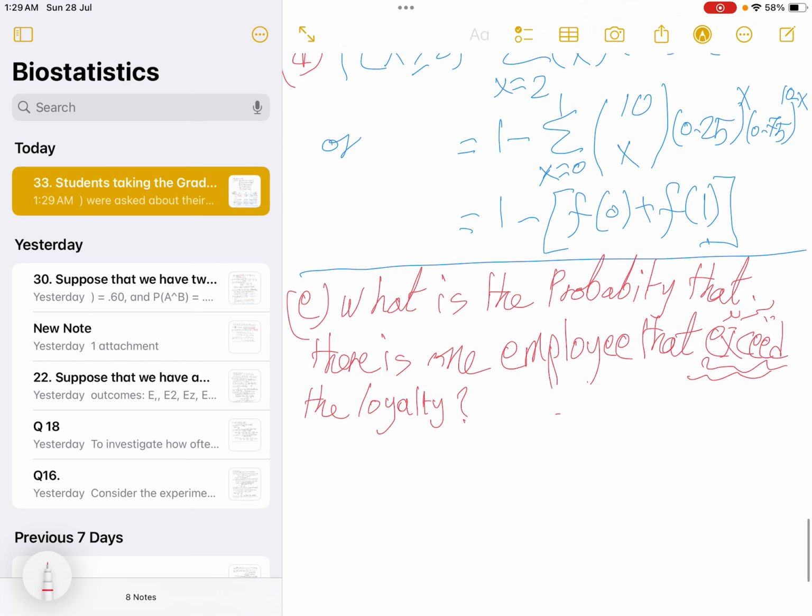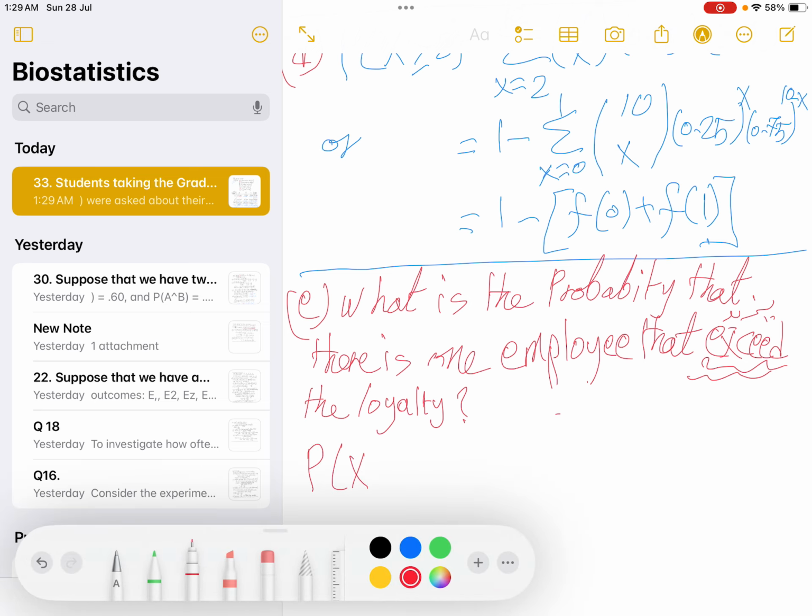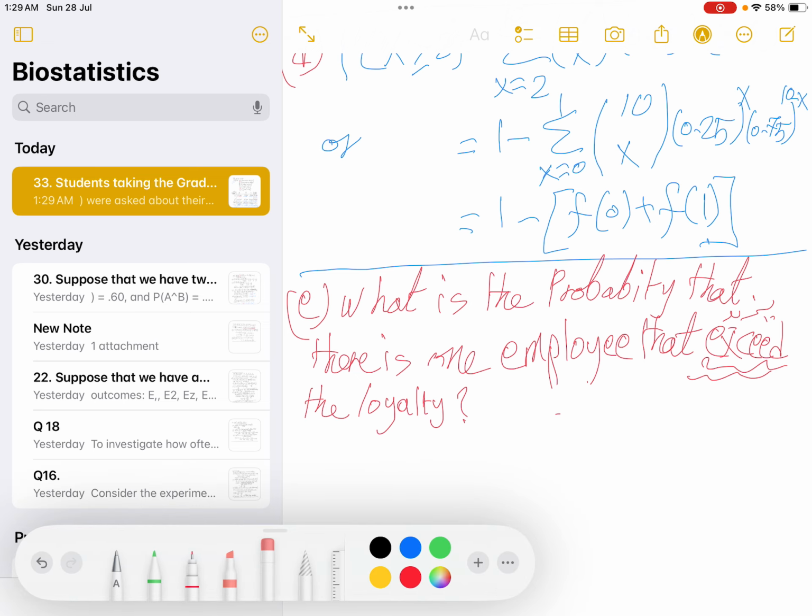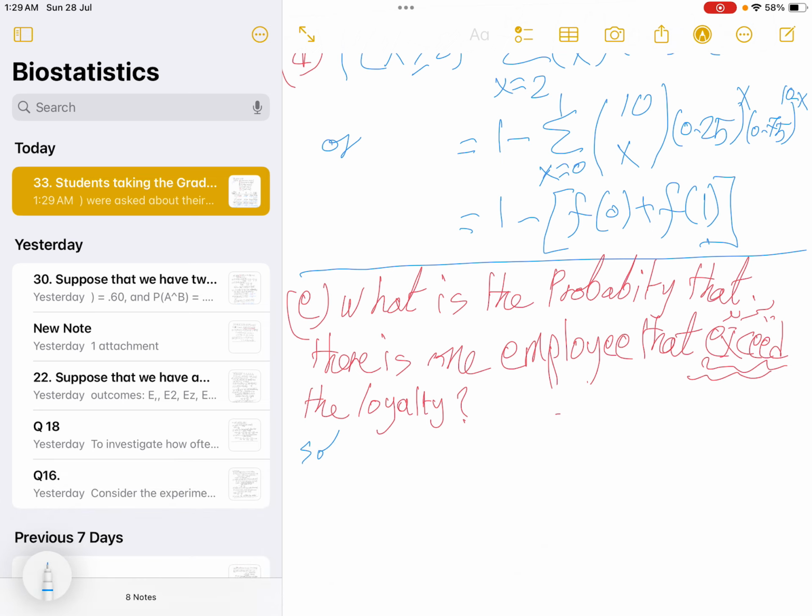Here it means probability X exceed 1, more than 1, which means 1 minus probability X less than or equal to 1.